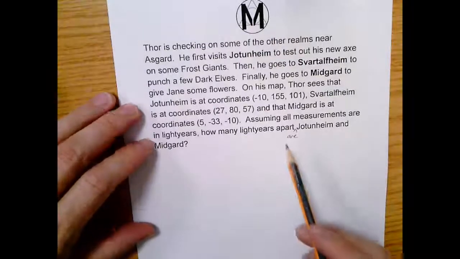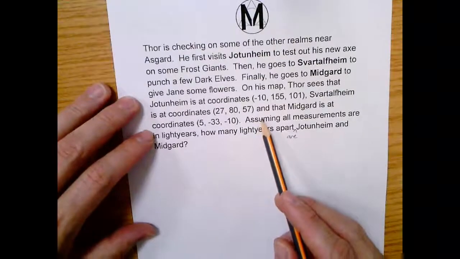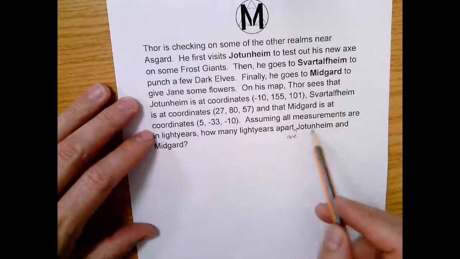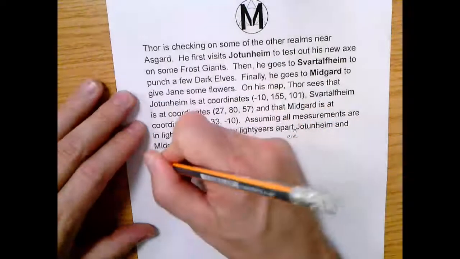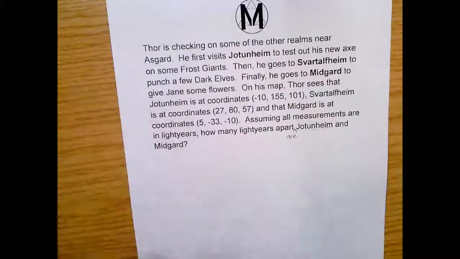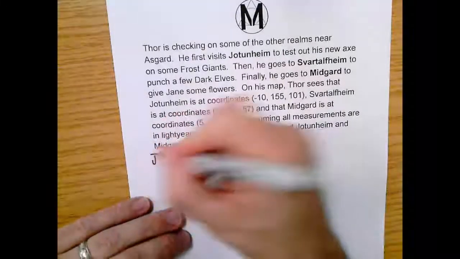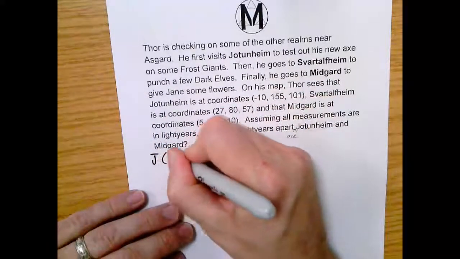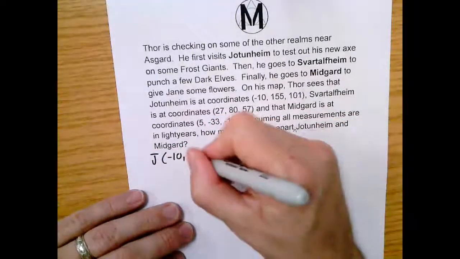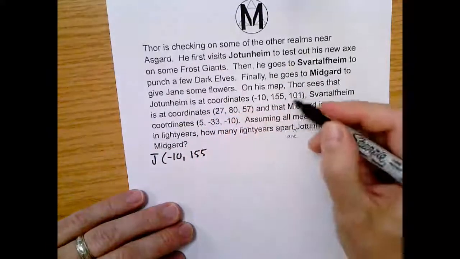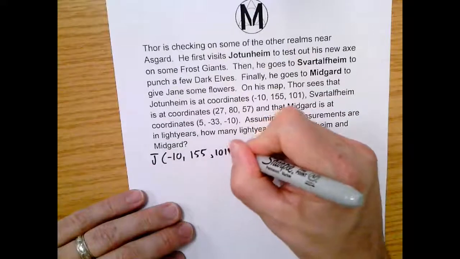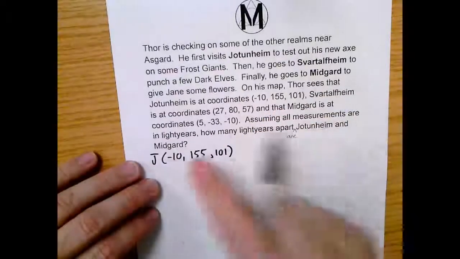I think what will help us see it is just thinking about where this place is at, and that's one thing we're looking for. I'm just going to write J so I don't have to say it anymore. J is at -10, 155, and 101. Okay? And we're trying to go to Midgard.